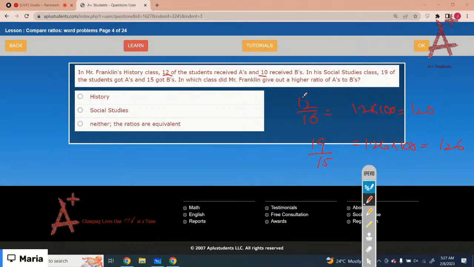So in which class did Mr. Franklin give out a higher ratio of A's to B's? That would be the social studies class. The social studies class has more A's relative to B's. Got it? So social studies is the option.